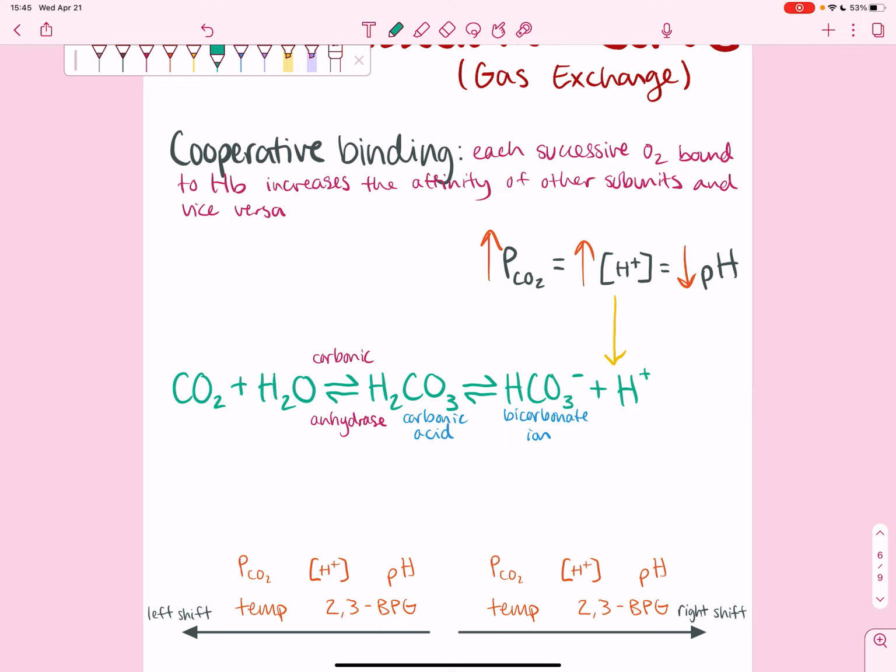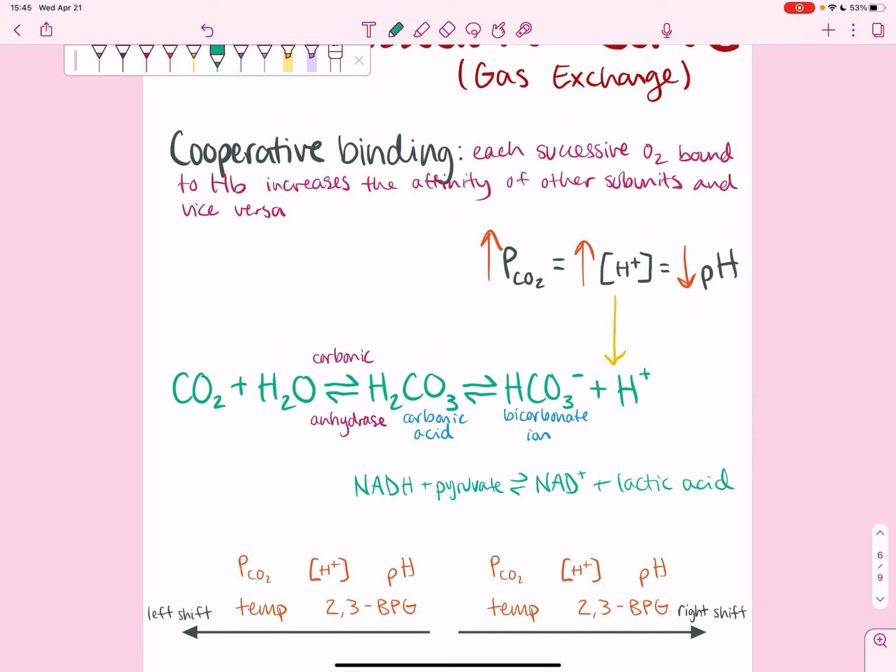Let's write out the equation: NADH and pyruvate go between NAD plus and lactic acid.